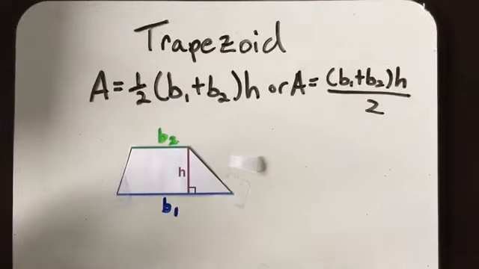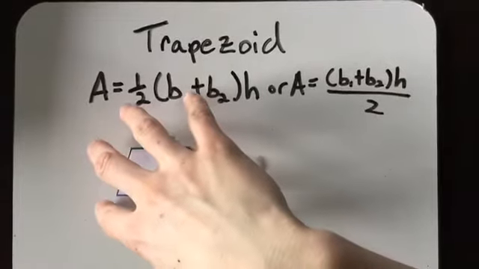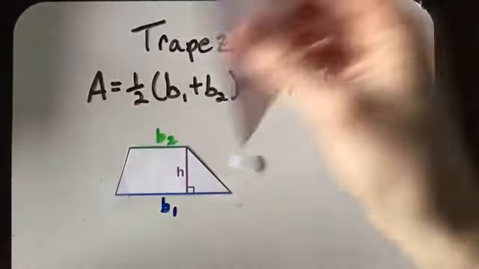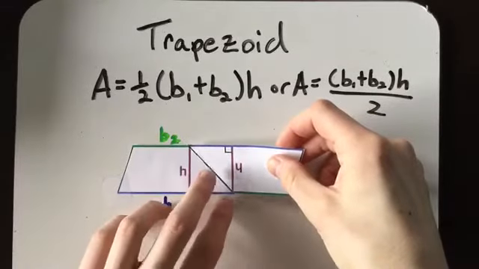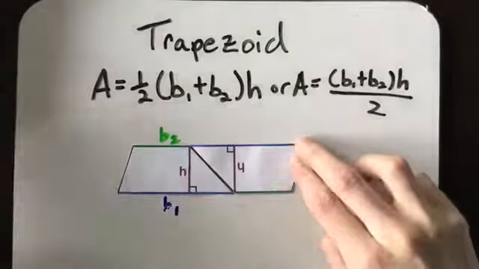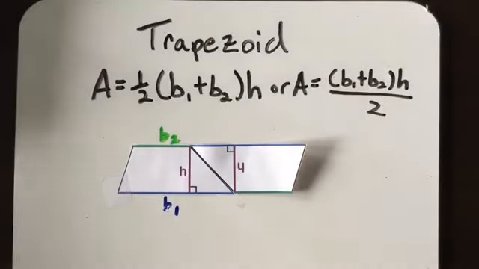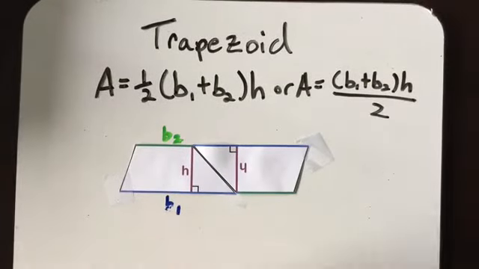It's just a little subscript of the number 1 and number 2. So again, this formula is also based off our formula of a parallelogram. How, you might ask? Well, a little movie magic again. If we take that trapezoid and we duplicate it, and we take it and we rotate it and slide it into place, then all of a sudden, again, we have another parallelogram that's been created. Now with this parallelogram, yes, we have our base 1.